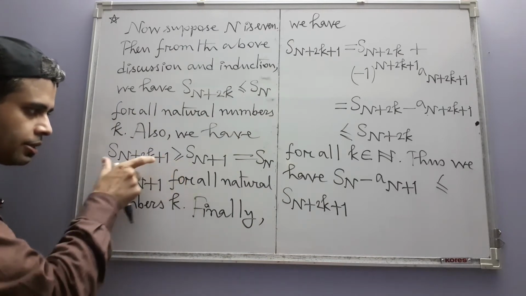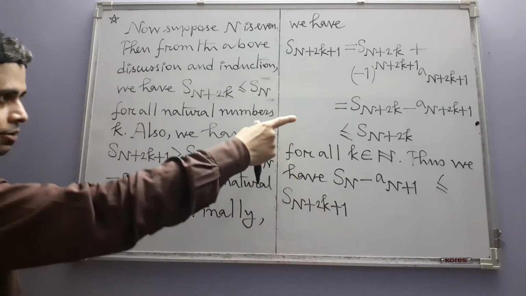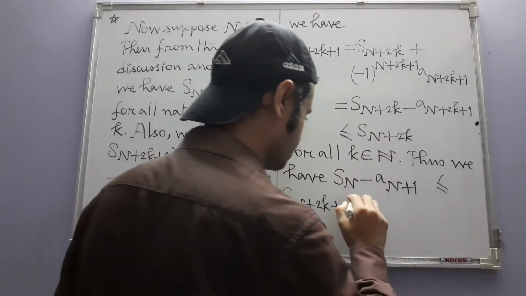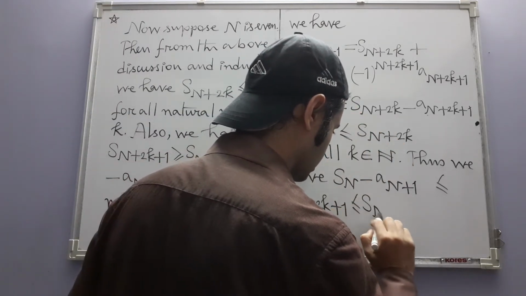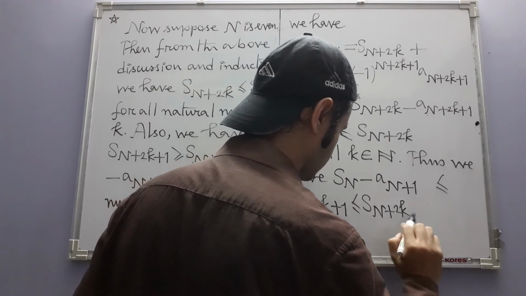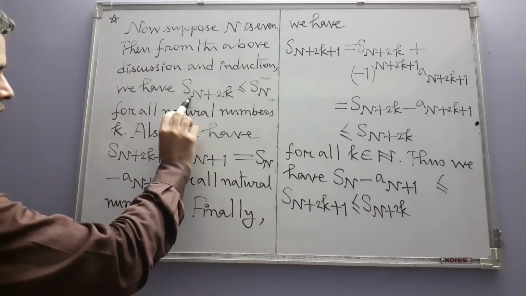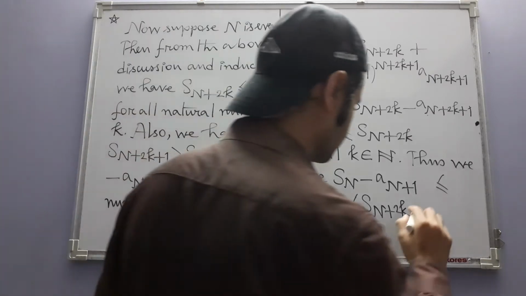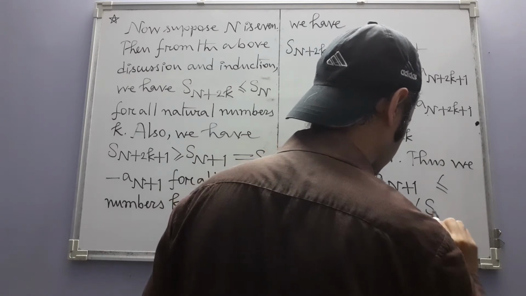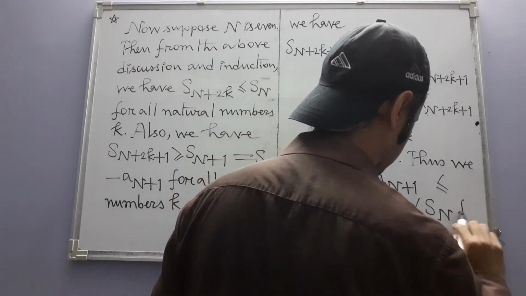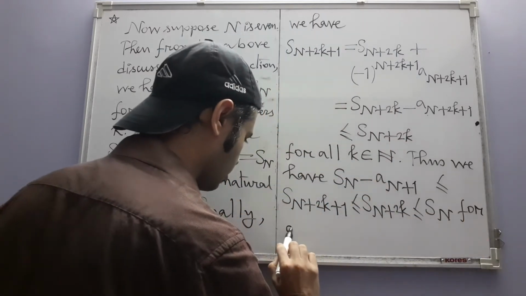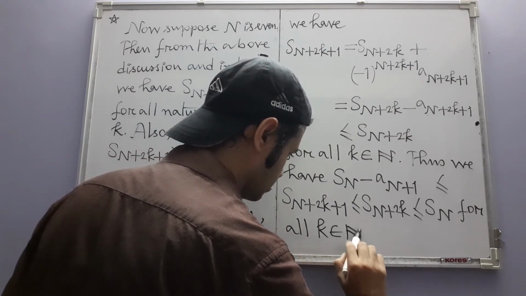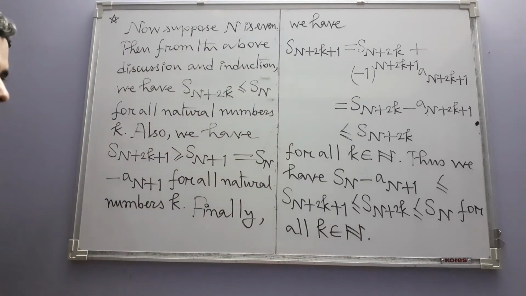This is less than or equal to this. Now here we have found that this in turn is less than or equal to this, S_{n+2k}, and this in fact we have found to be less than or equal to this, S_n, for all k belonging to the set of natural numbers.